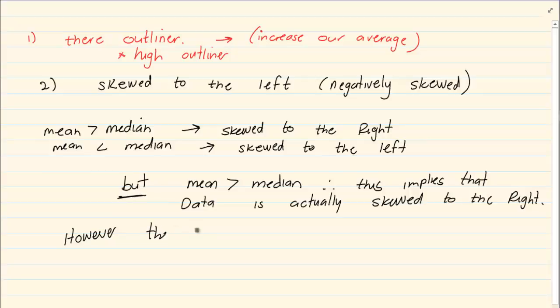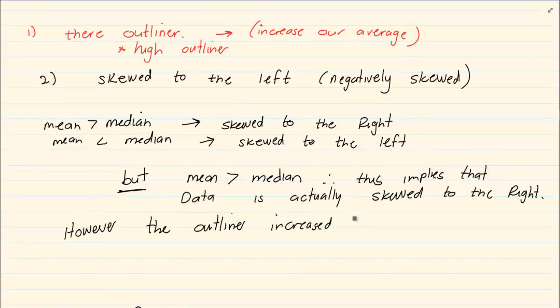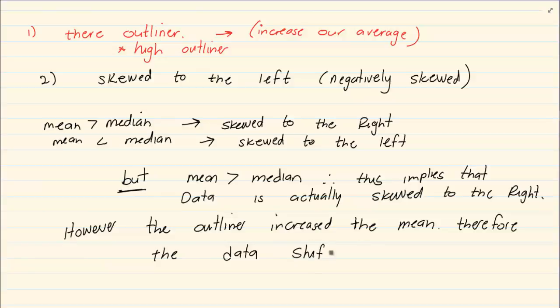The outlier, what did the outlier do? The outlier increased the mean. Remember, it was a high outlier, and what it did was it increased the mean. Therefore, the data shifted. So you are saying, listen, the data is actually skewed to the left, but now, because of our outlier, it shifted our data to the right.